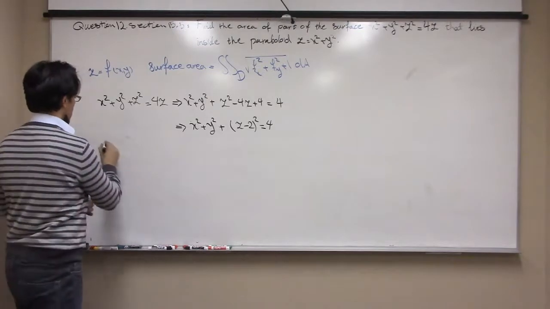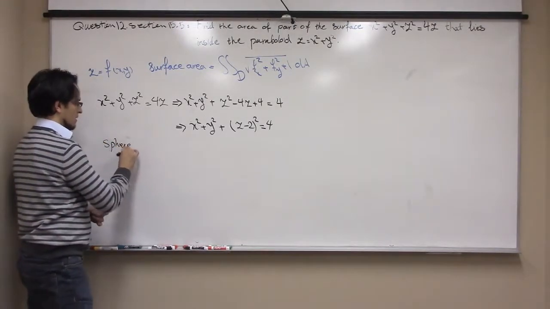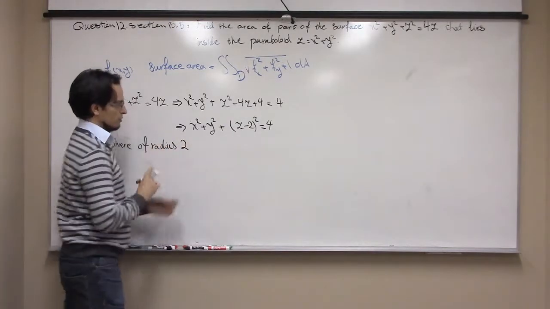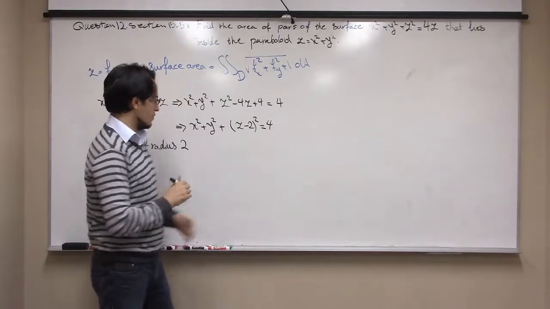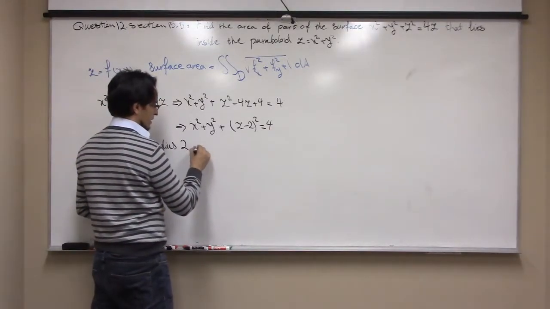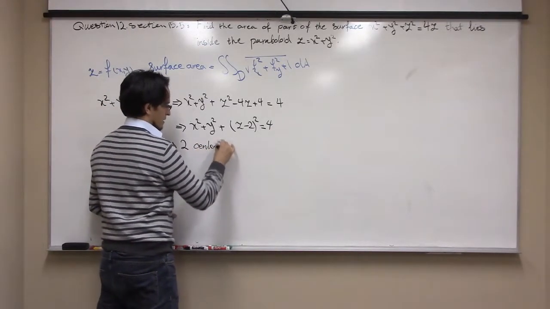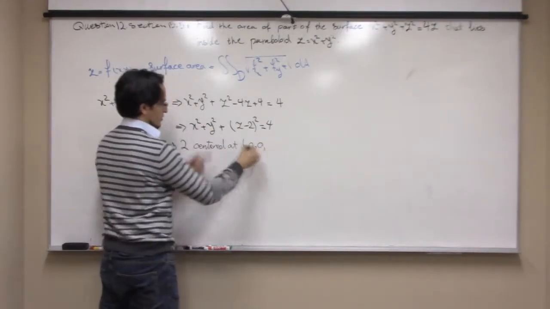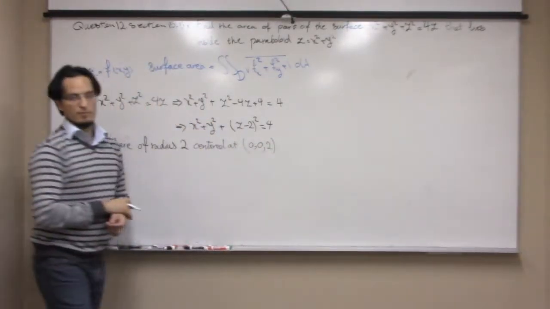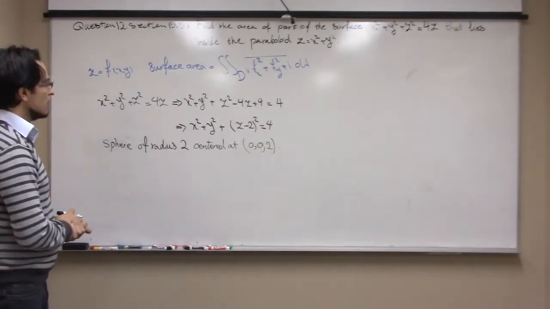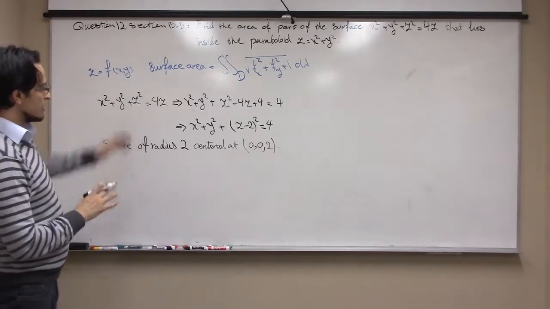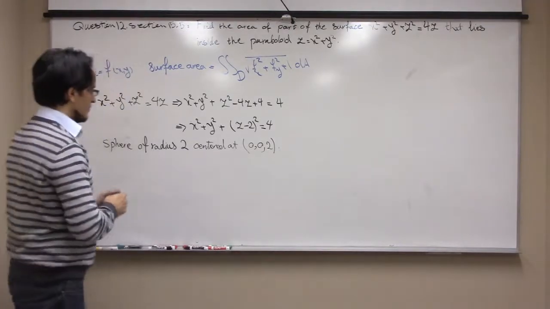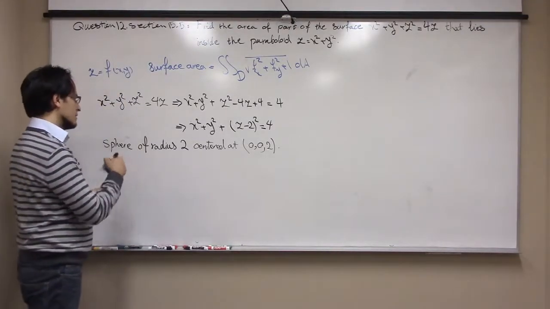So this is a sphere of radius 2, since 2 squared is 4, with center at (0, 0, 2). Now I can go ahead and find the function using that. I'm just going to consider the upper hemisphere of this sphere.